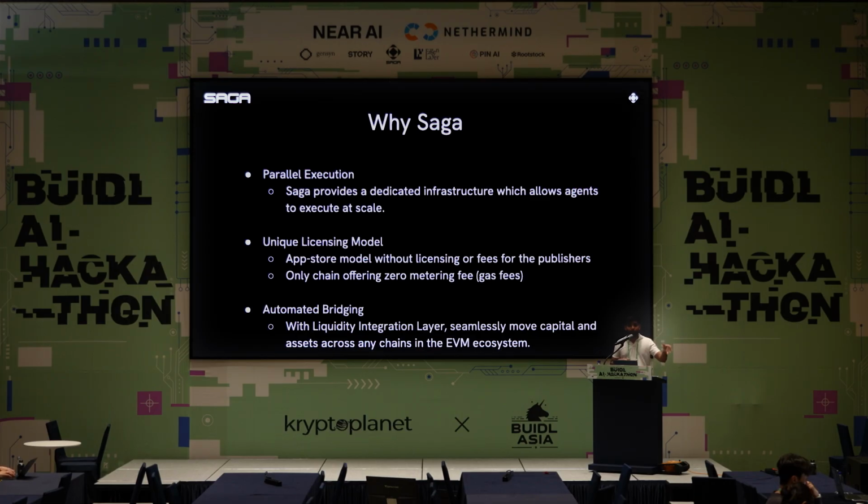So if you're deploying on Saga, you can access liquidity from anywhere within the EVM ecosystem. So if you have users who have tokens, say, on Base, you have a few more users who are coming from Polygon, you have a few more users who have Ethereum tokens, and I'm talking about any token. This could be USDC, this could be USDT, it could be the native ETH token, Polygon token, any token out there.